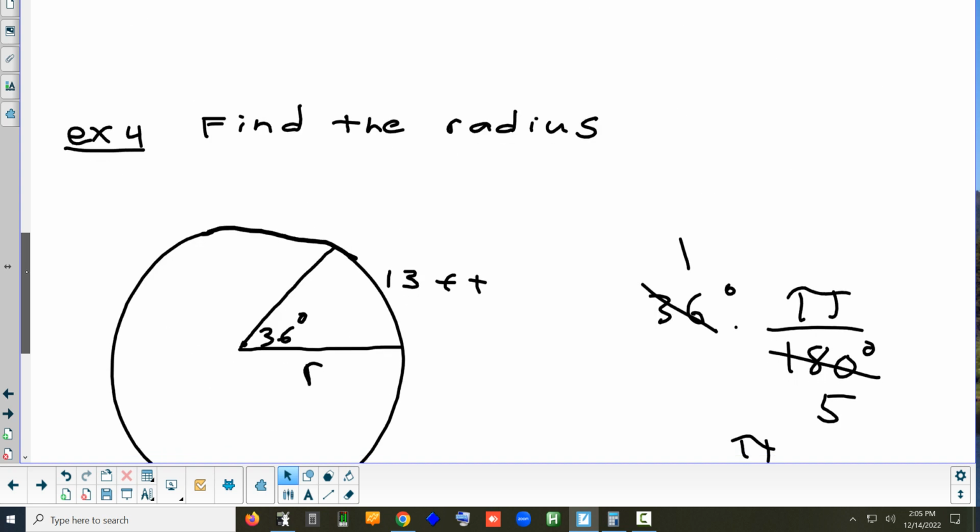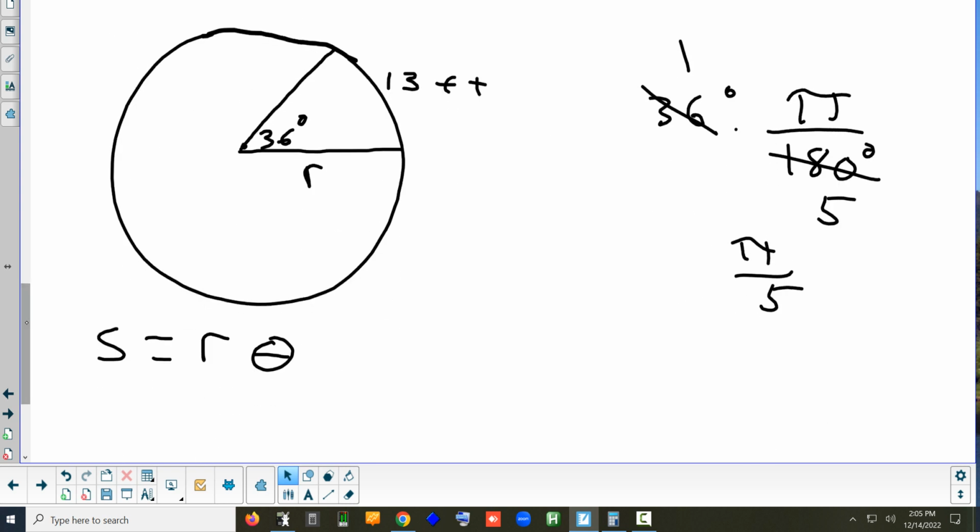So we're not going to plug anything in for R. How did we get the pi over 5? Where did that come from? The 36. And what is the 36?